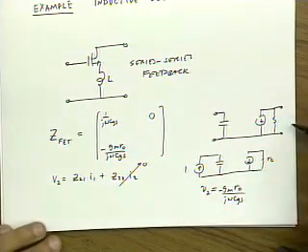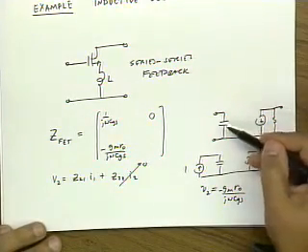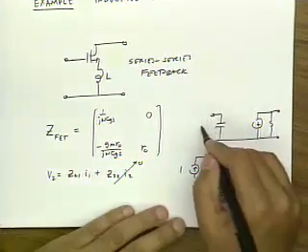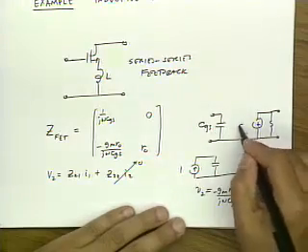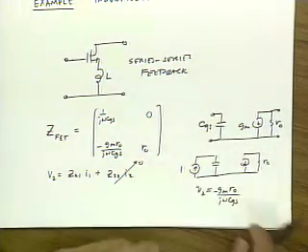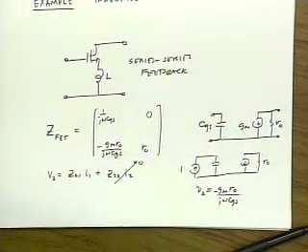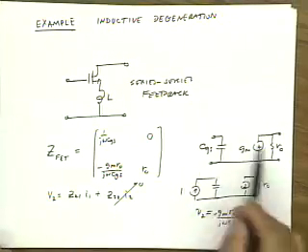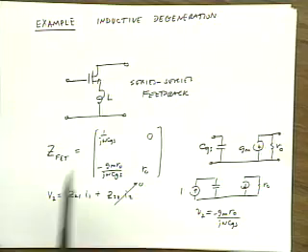Well, Z22 is looking out here when the input is open circuited, so it's just RO. So this is our extremely simple transistor model, and I'm using it to keep the calculations as simple as we can. It turns out this is enough to really explain the important salient features of inductive degeneration.